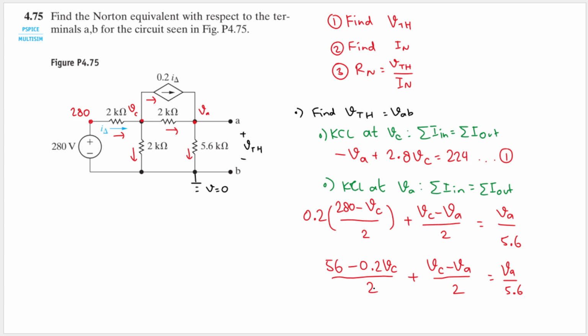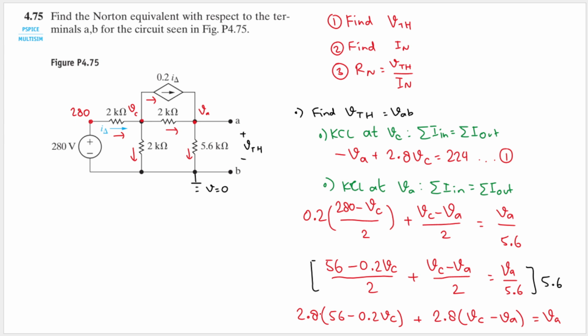Okay, now let's multiply both sides by 5.6, which is a very strange number here, but okay, let's do that. 2 and 5.6 will cancel out into 2.8, right? So we will have 2.8 multiplied by 56, and then minus 0.2 VC, and then plus we will have 2.8 times VC minus VA, and then we will have VA here.